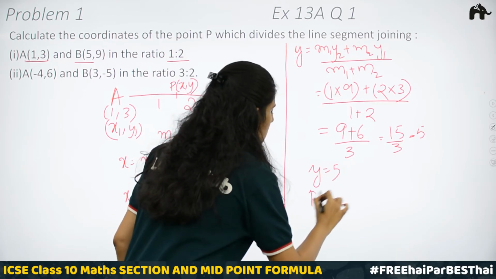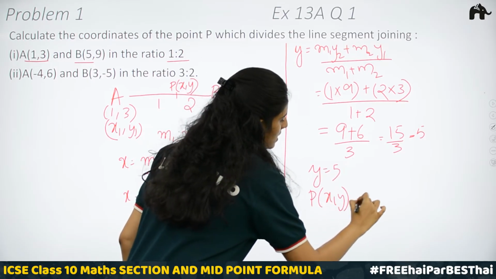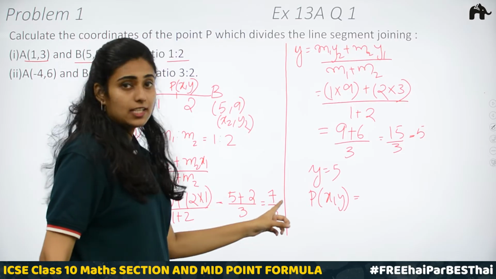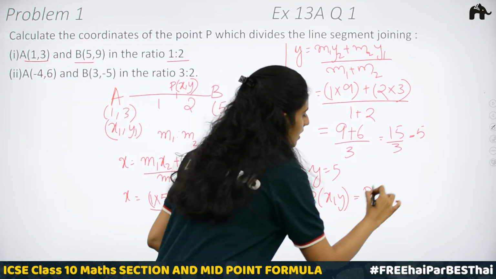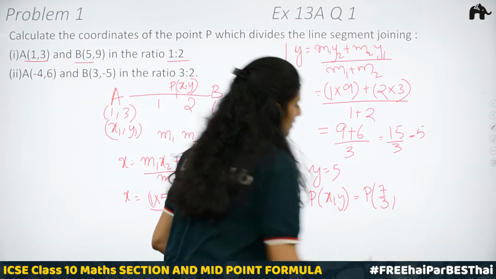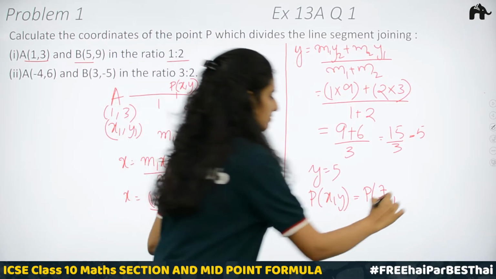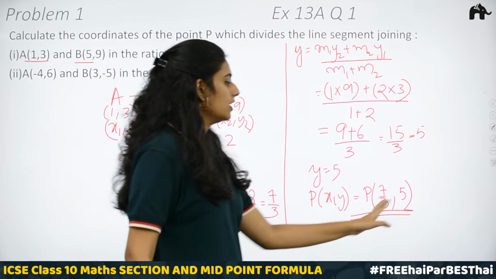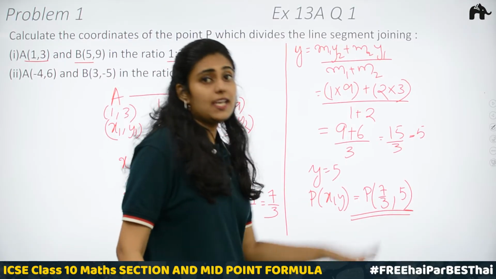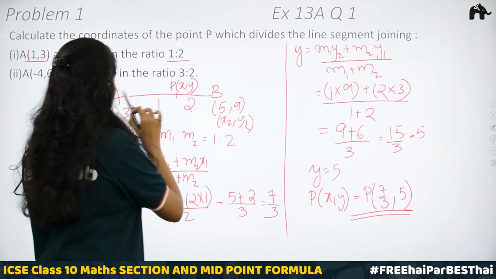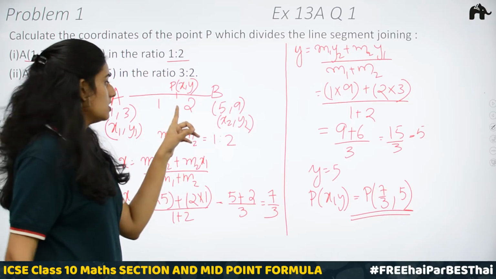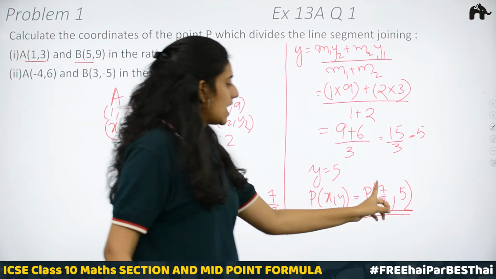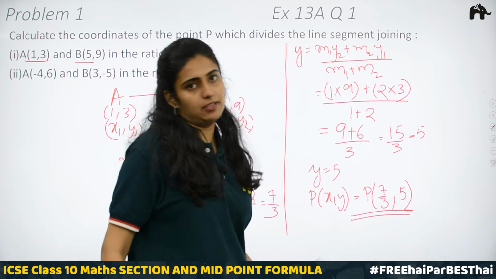Then the point P x comma y is equal to x coordinate is 7 divided by 3 and the y coordinate is 5. Clear? We got the x coordinate and y coordinate. The point P which divides the line joining A and B in the ratio 1:2 is 7 by 3, 5.